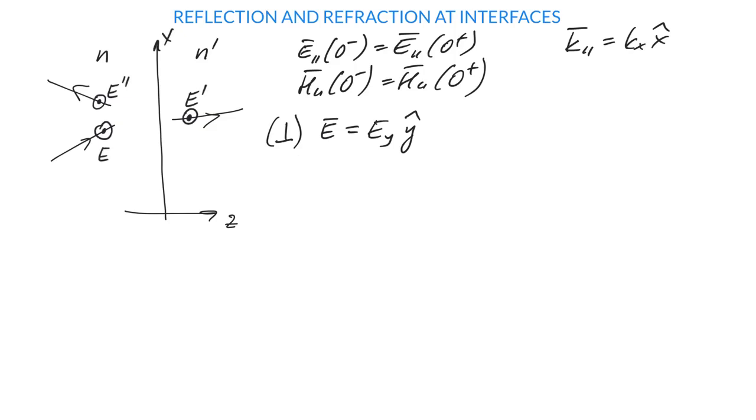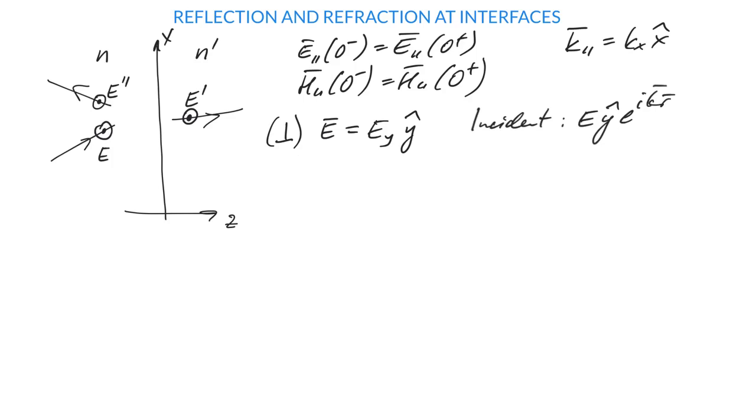We'll use this notation where the incident plane wave has the amplitude E, the reflected beam E double prime, and the transmitted one E prime. So then, generally speaking, all of these plane waves have the exponential k-dependent factor in them. So the incident wave, for example, looks like E y e to the i k r.